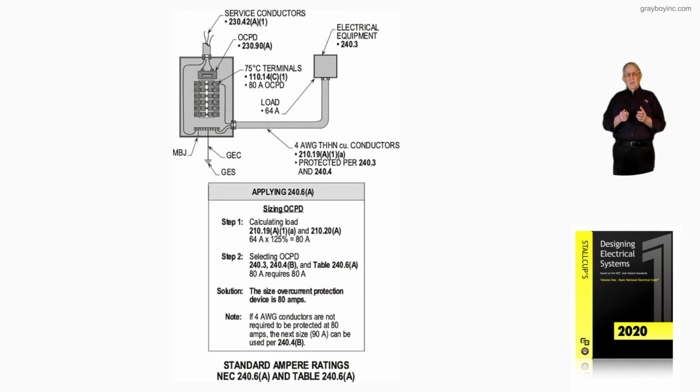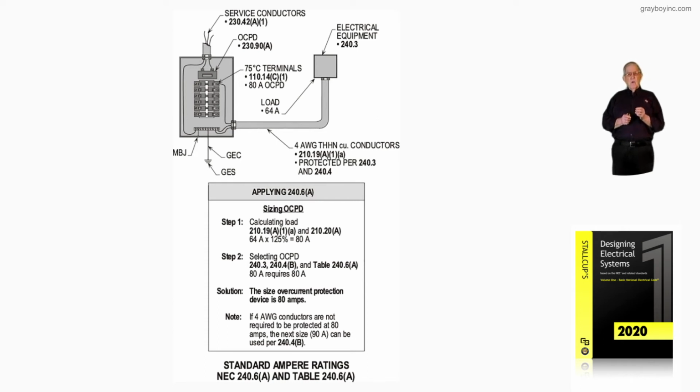Now we have to determine, is that a standard overcurrent device? Our standard overcurrent devices are referenced from 240.3 and 240.4(B) as our sections, but we select this standard size overcurrent device that's listed in Table 240.6(A). 80 amps, okay, that's it.